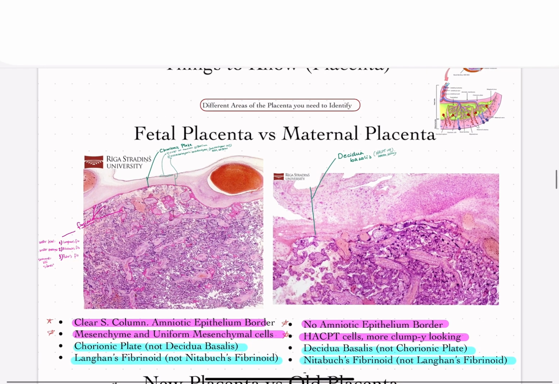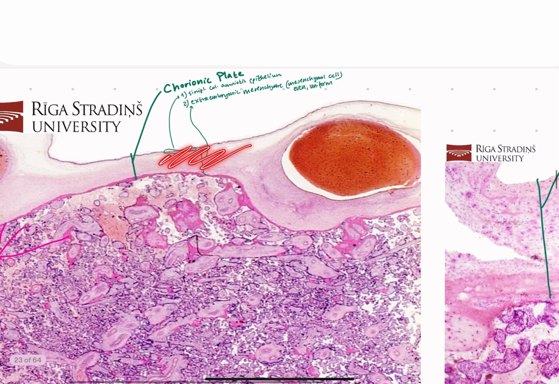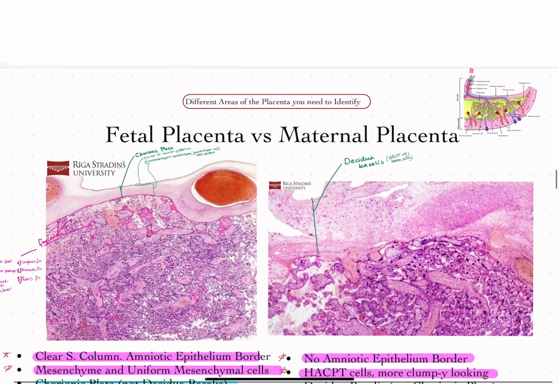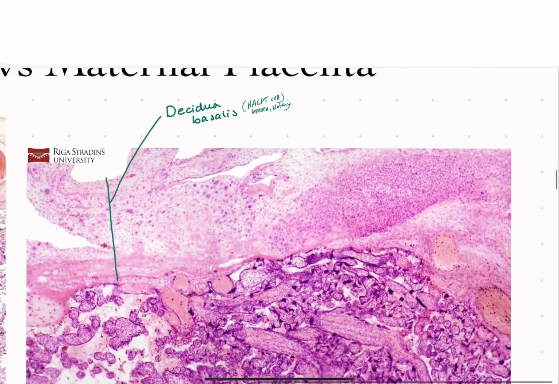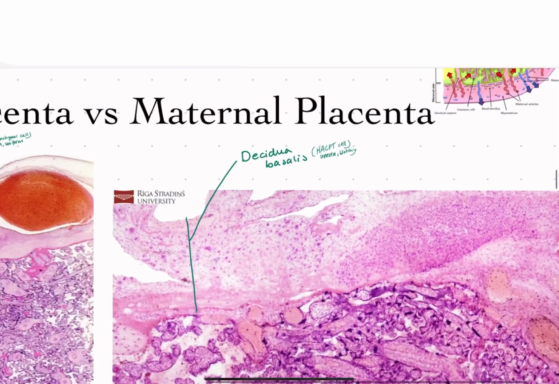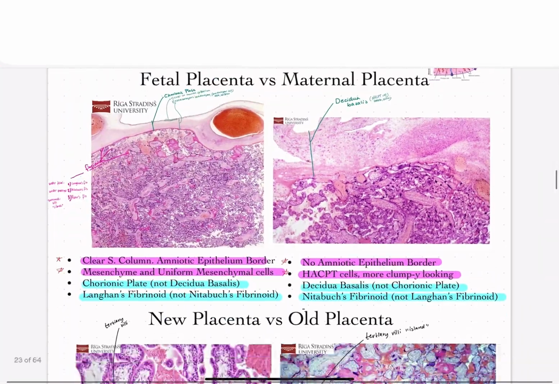You can kind of imagine it as the fetal placenta owns all of these islands as well. So the material that makes up these islands is the exact same material that makes up the chorionic plate. While in the maternal placenta, it doesn't own any of these tertiary villi, therefore it has a very unique material that makes up the decidua basalis, namely the HACPT cells.